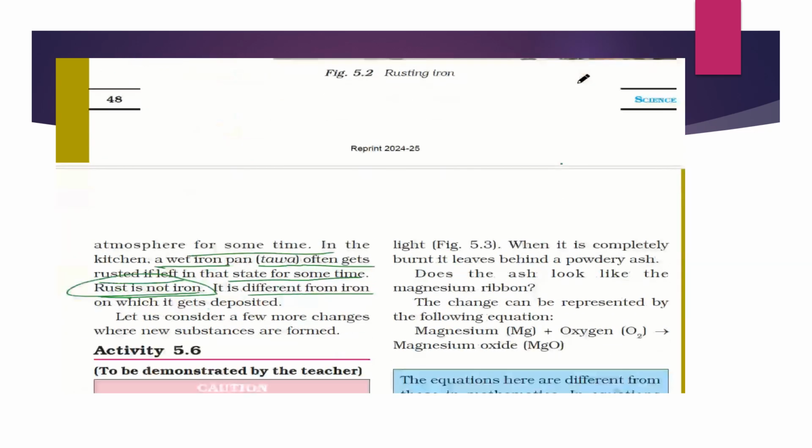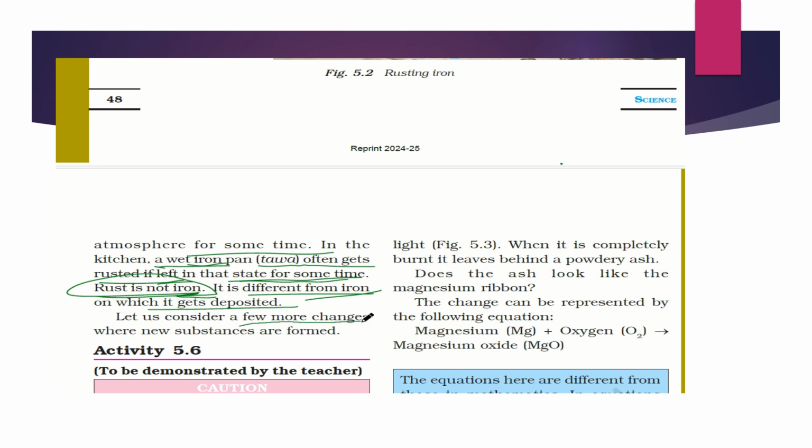So rusting of iron is a very important change which happens when iron is kept in the open for some time. Your kitchen tawa or a wet iron pan often gets rusted if it is left in that state for some time. So rust is not iron. It is different from iron, and it gets deposited on iron.